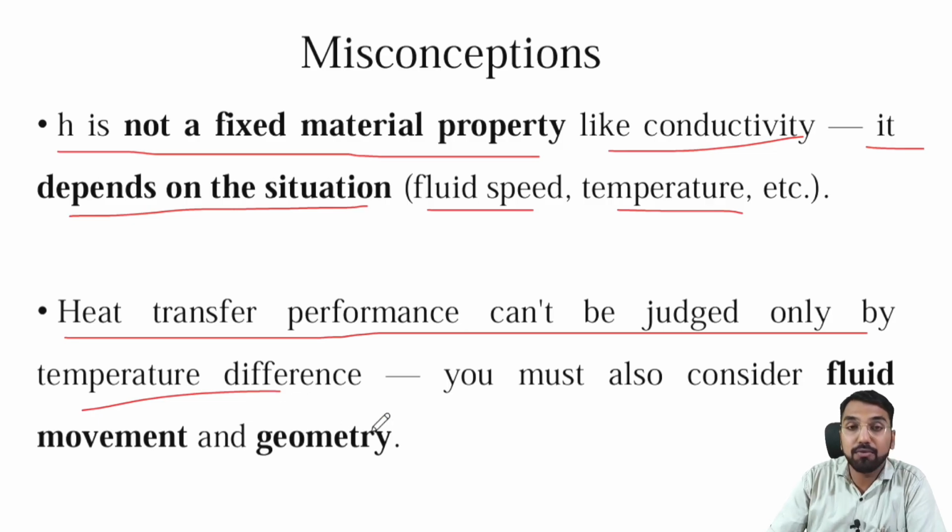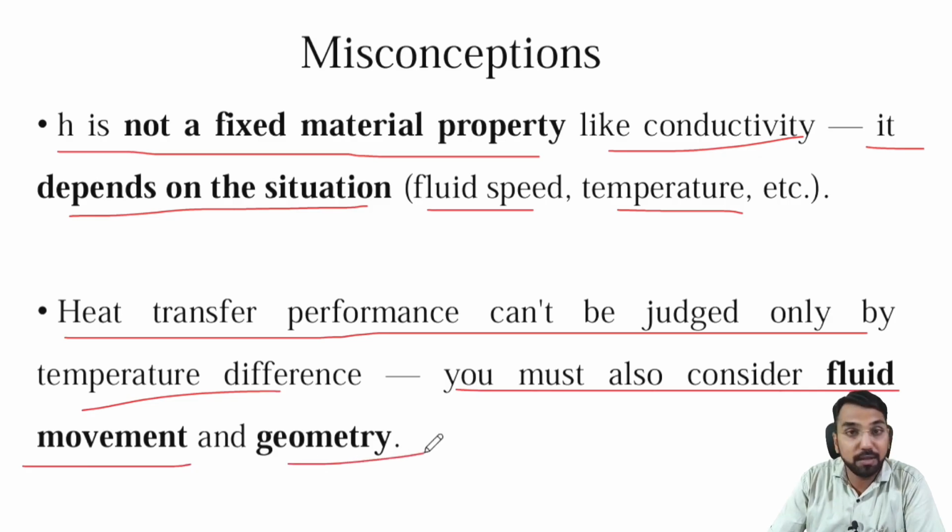You must also take into consideration fluid movement and the geometry of the surface, because these change the boundary layer thickness, and whenever the boundary layer thickness is lesser, we get a higher value of convective heat transfer coefficient, and then the heat transfer will be more.